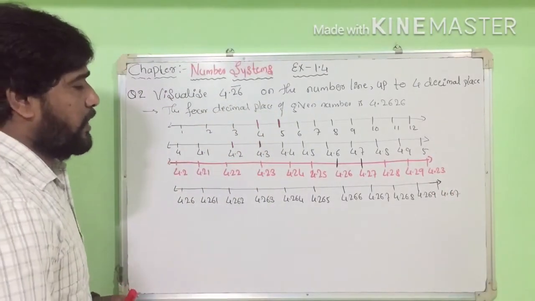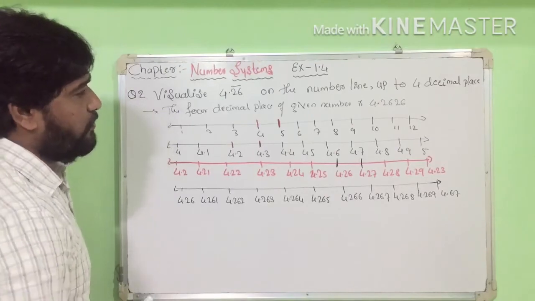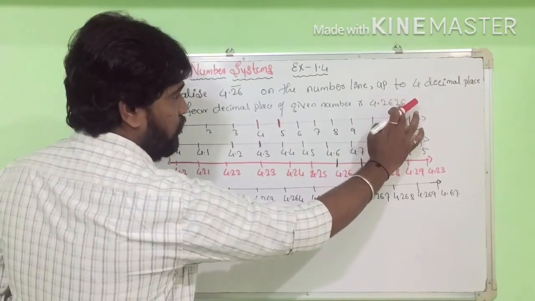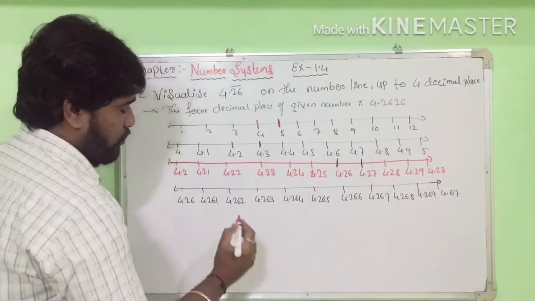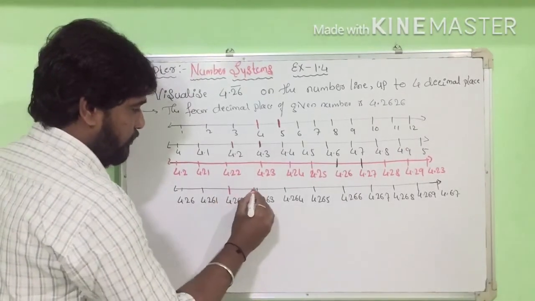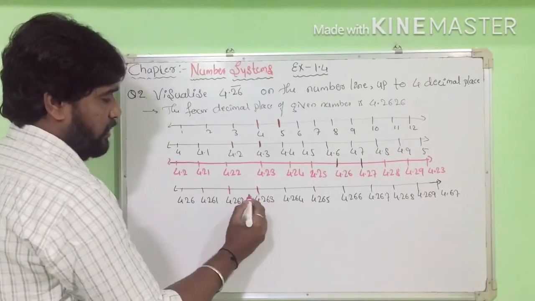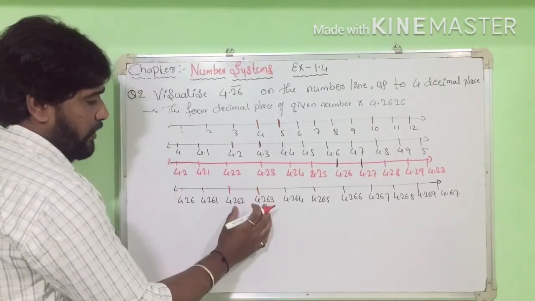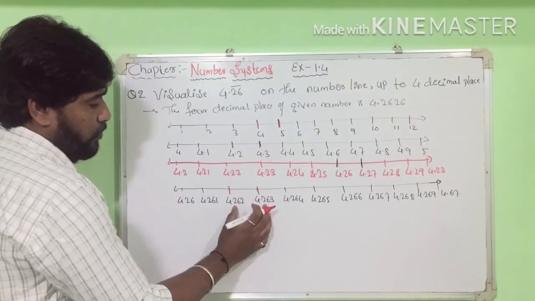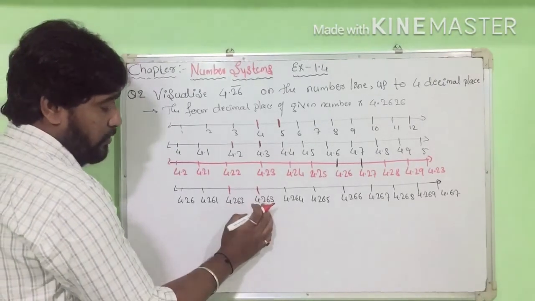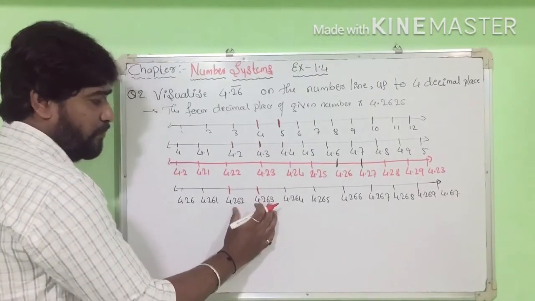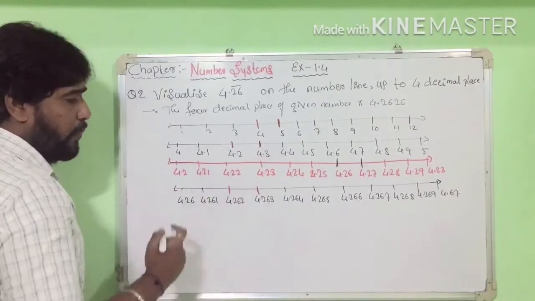So now our number lies, see here, 2626, so 262, so it lies between 4.262 and 4.263. So now magnify the interval 4.262 and 4.263 and divide it into 10 equal parts.